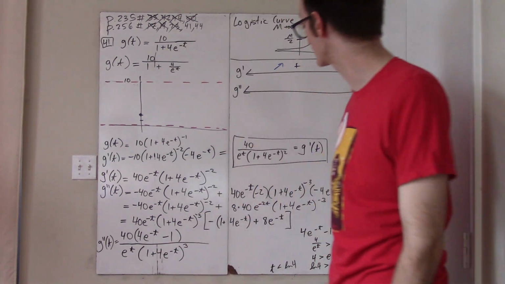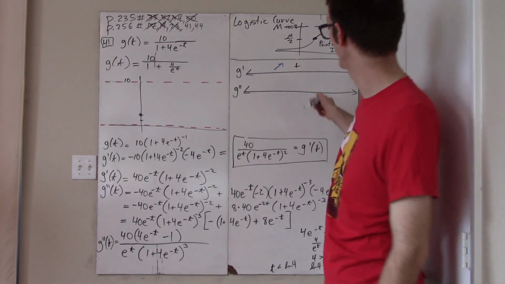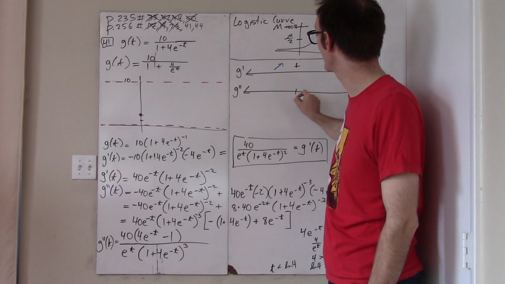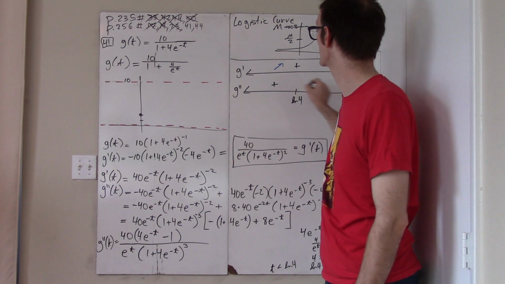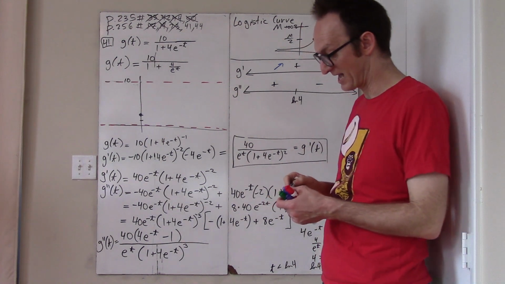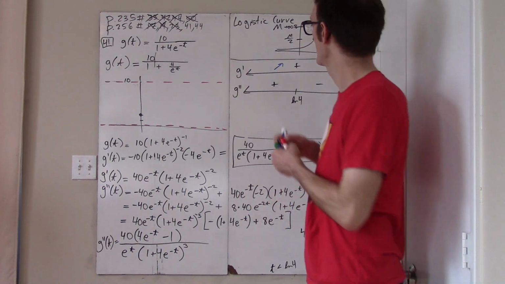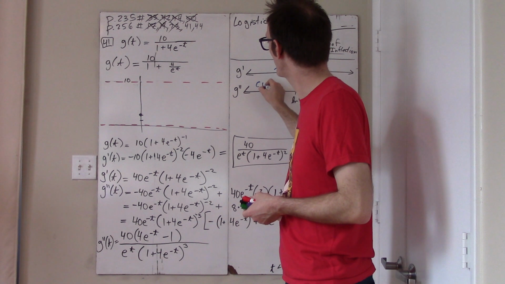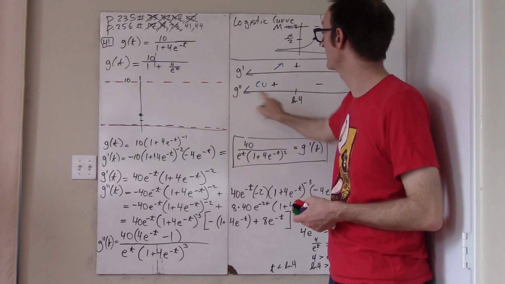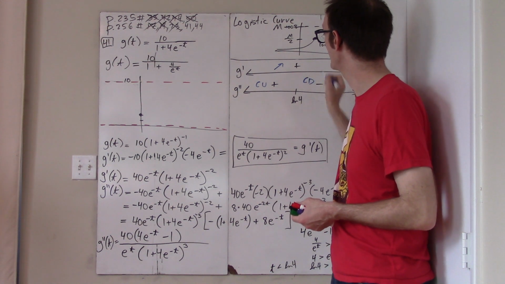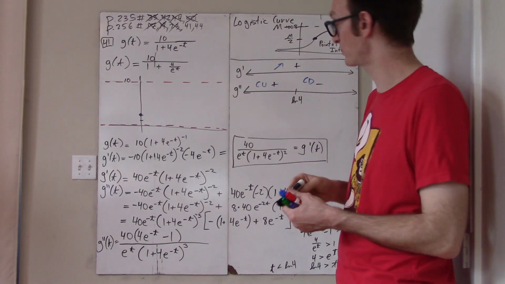This expression is positive if t is less than ln 4. So this is going to look like that. And what I've then therefore determined is that this function is concave up on the interval from negative infinity to ln 4, and concave down on the interval from ln 4 to infinity.